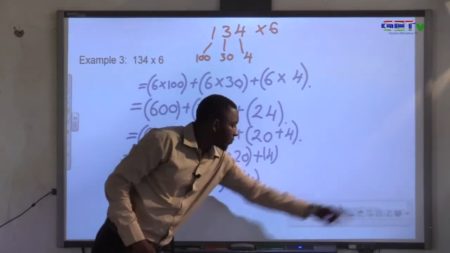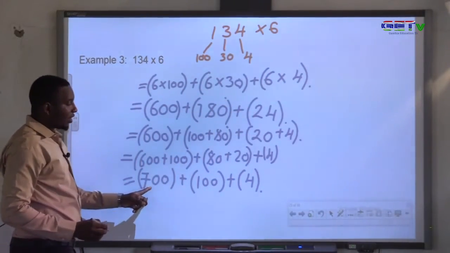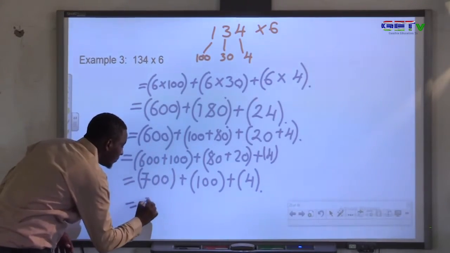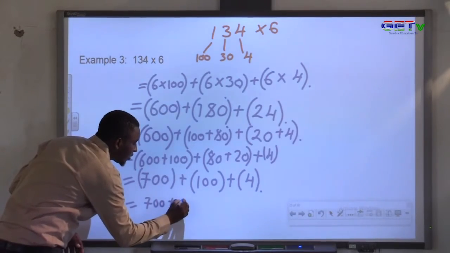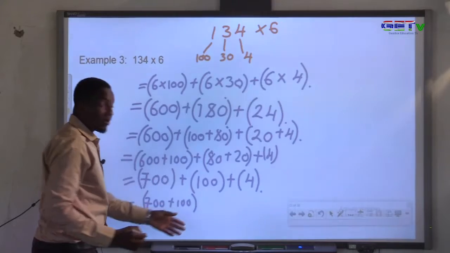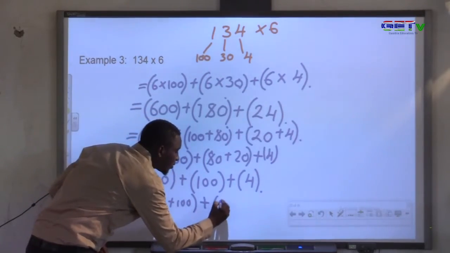So this is going to give us 700 plus 100. We are going to group those two together, and we are not going to have any tens. So we just move ahead to the unit.